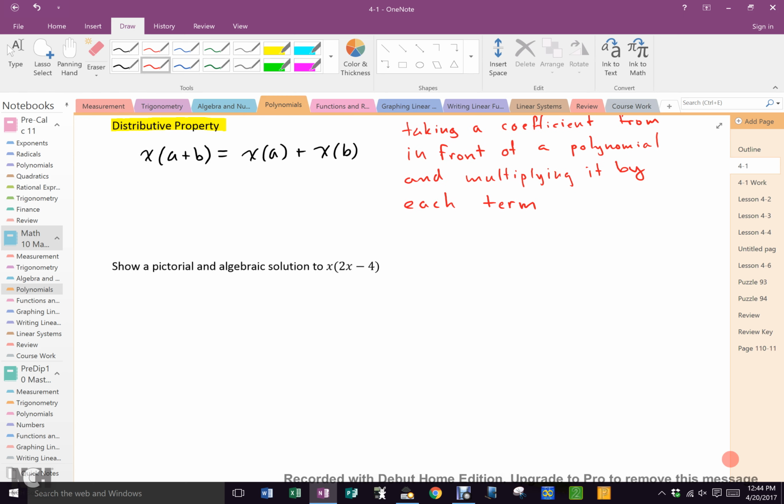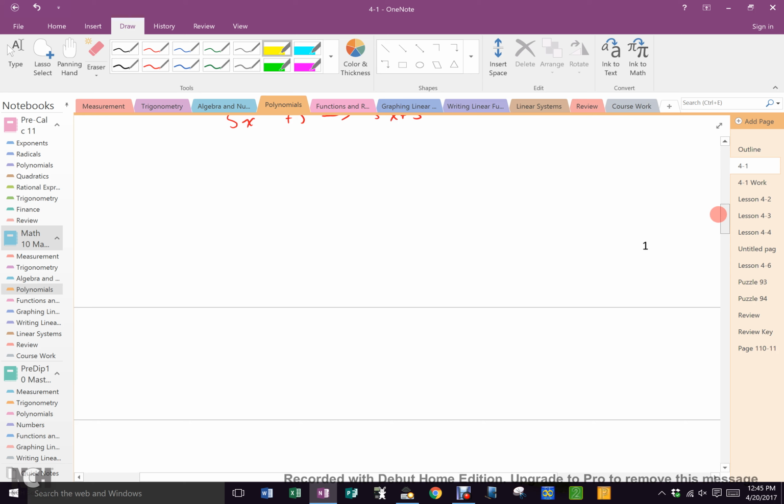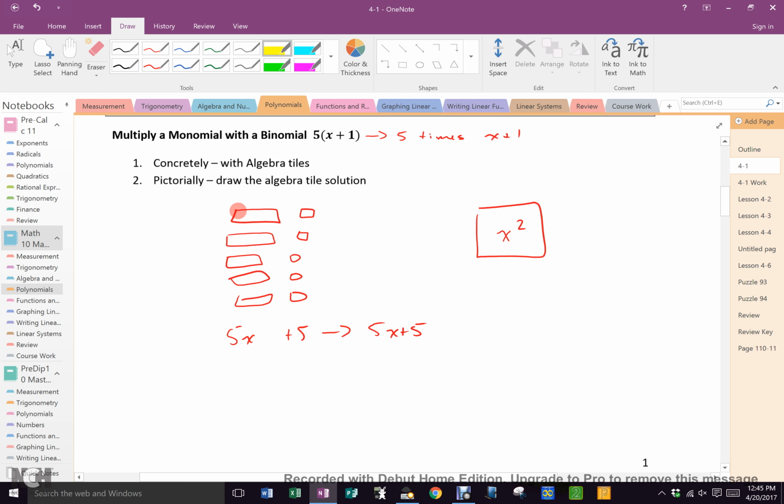So your next thing should be this. It might be on the next page, I don't know. Show a picture and an algebra solution. If I'm doing a picture, you saw what the last picture looked like. We had 5 out here, and we had x plus 1 there, right? 5 down there, 1, 2, 3, 4, 5, and x plus 1 there, correct?